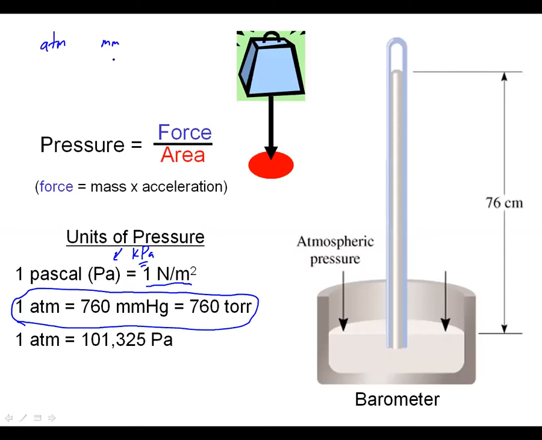mmHg stands for millimeters of mercury. And torr stands for a torr. And really the reason for those two units has a lot to do with the picture on the right. So one way that we could commonly measure the pressure is by using a barometer.